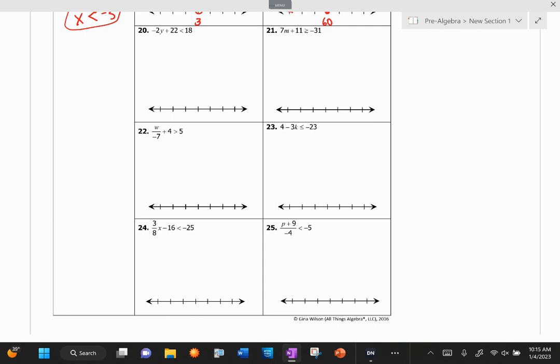Negative 2y. You divide negative 2, right? Yeah, I think so. Did I multiply wrong? Divide.